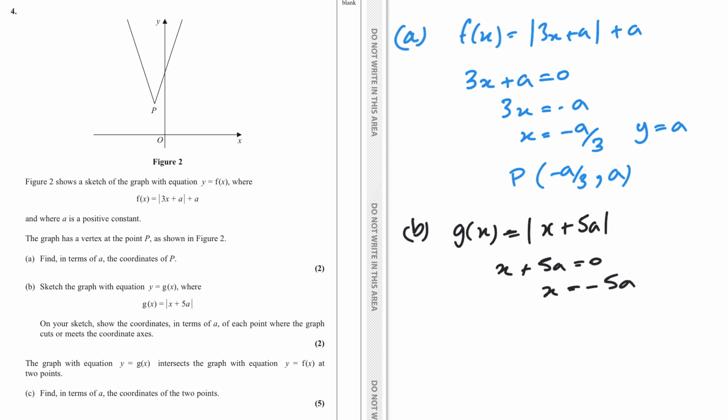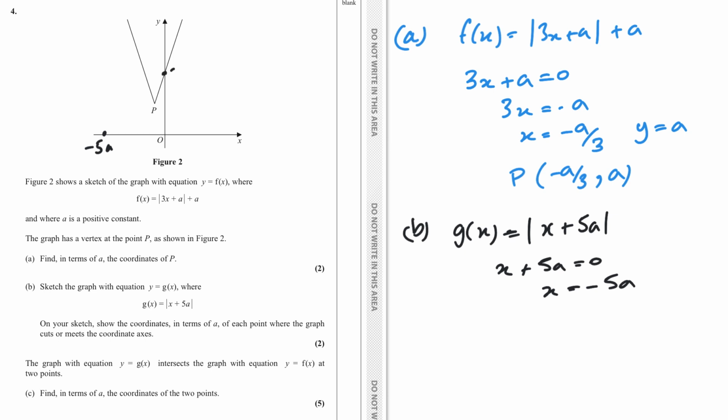So if I think of the actual graph, it's going to be over there somewhere, negative 5a. It's going to have the gradient of 1, so it's not as steep as the other graph, and it's going to cross the y-axis at 5a.